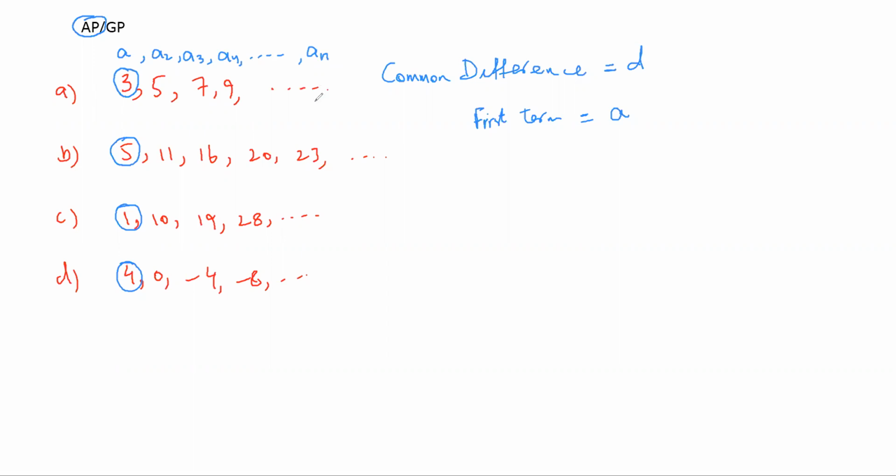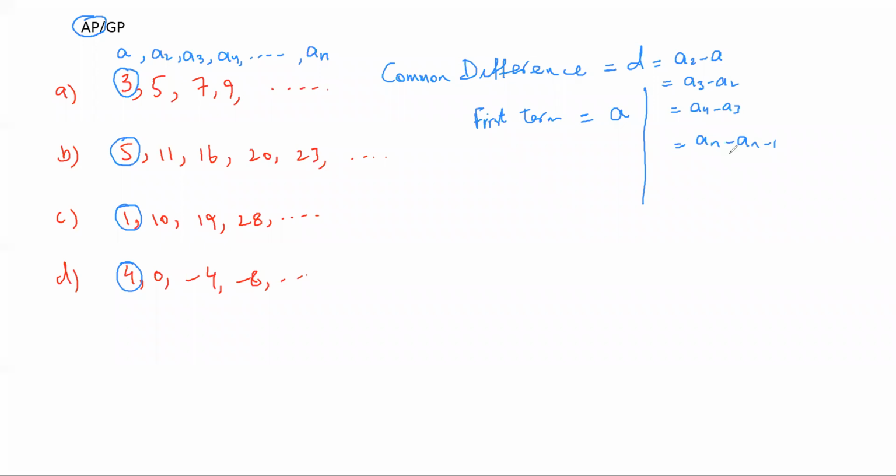So if you have an AP, then you will see that this common difference would be the same if you find A2 minus A, or A3 minus A2, or A4 minus A3, or even AN minus AN minus 1.